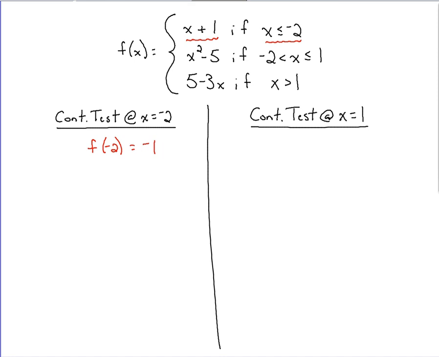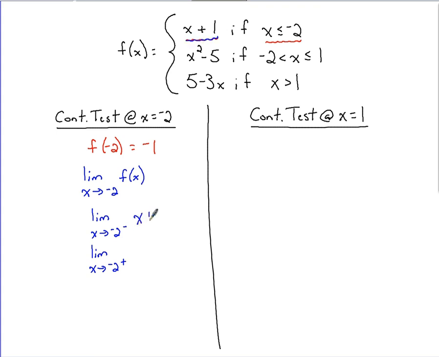Next, we look at the limit as x approaches -2 as it's applied to this function. To do that, we must explore the left-hand limit and the right-hand limit. For the left-hand limit, the piece we're going to play with here in this piecewise defined function is going to be x plus 1.